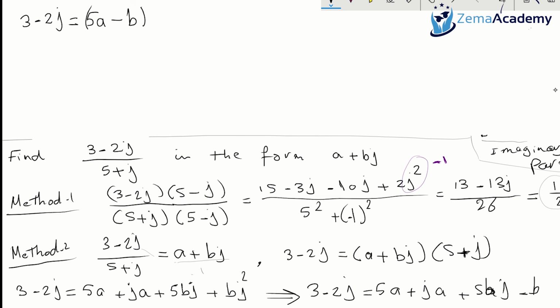I'm going to put the real parts together, and the imaginary part, which is ja and 5bj. I will take j outside. Correct?